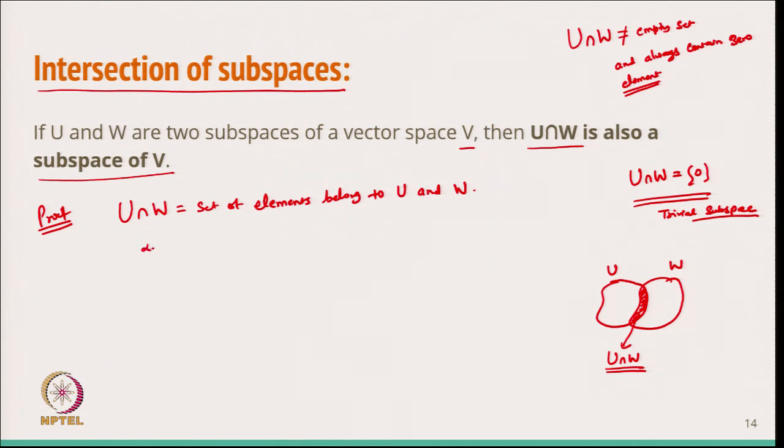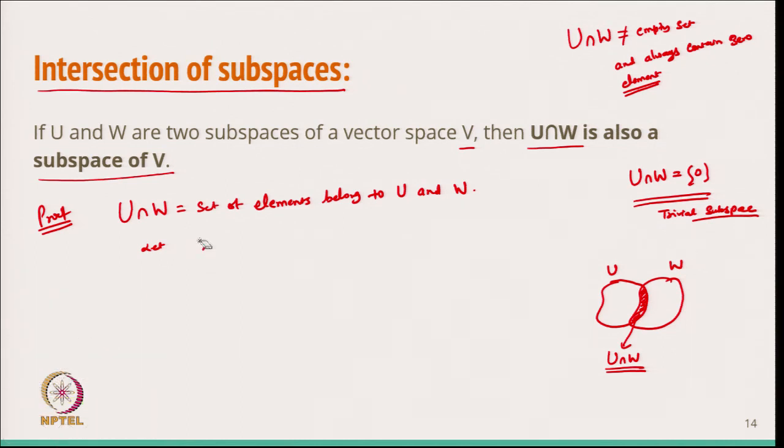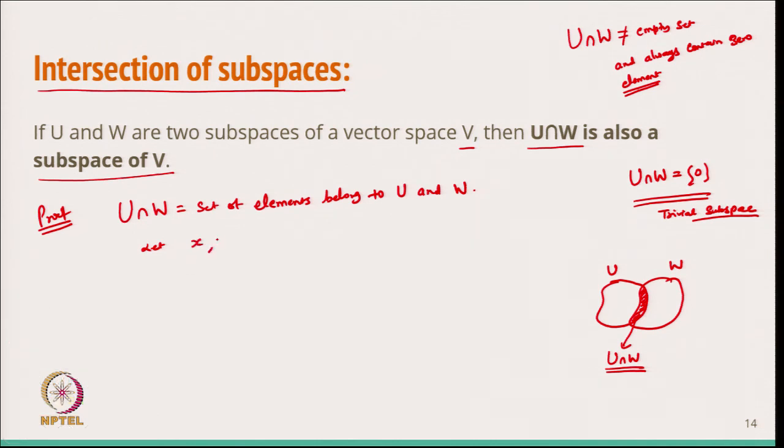Now let x and y belong to U intersection W, which implies that x belongs to U and x belongs to W, y belongs to U and y belongs to W, because it is the intersection.